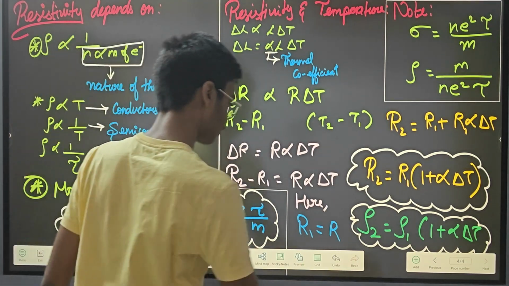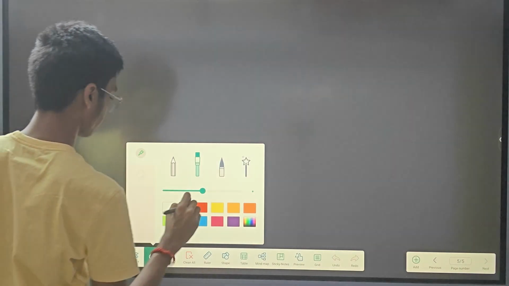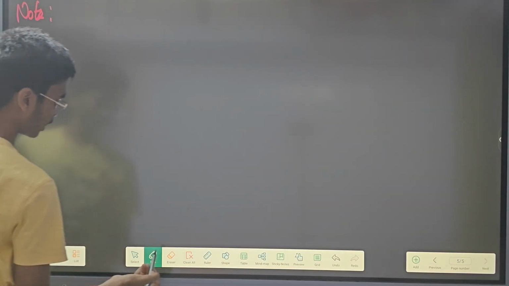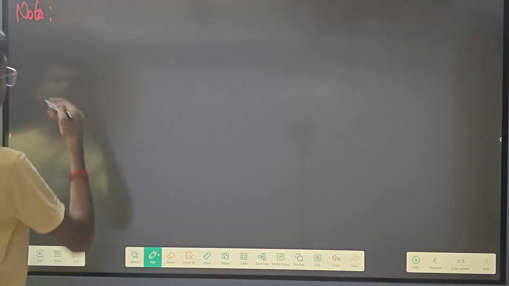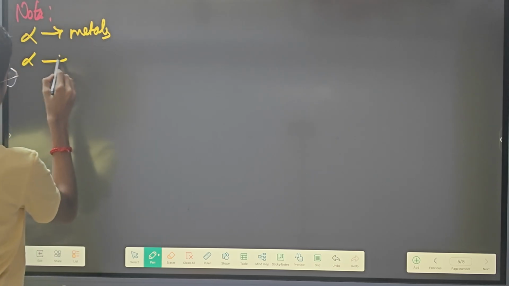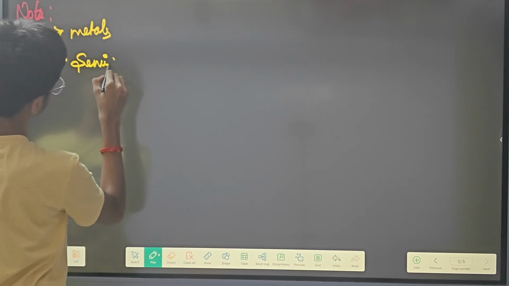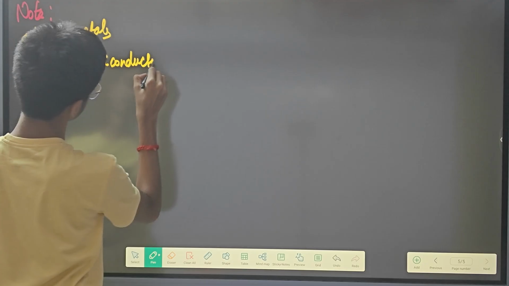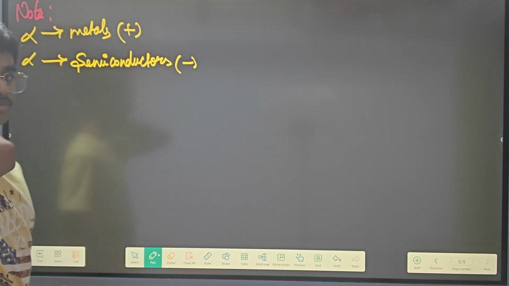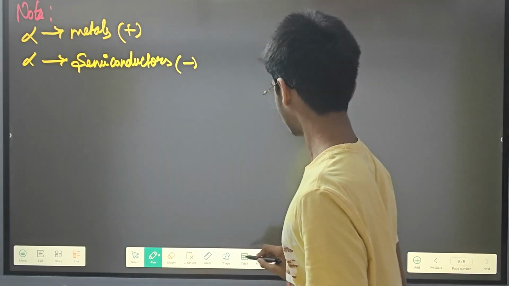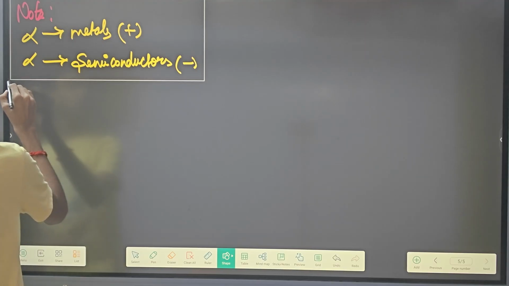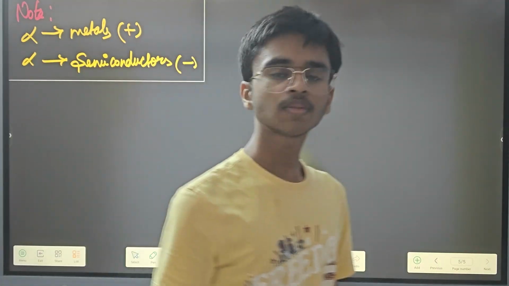Also, you have to note this one point: alpha for metals and for semiconductors is positive and then negative.